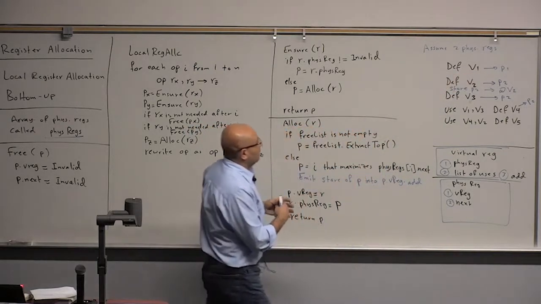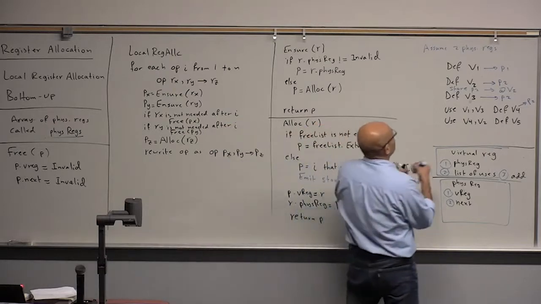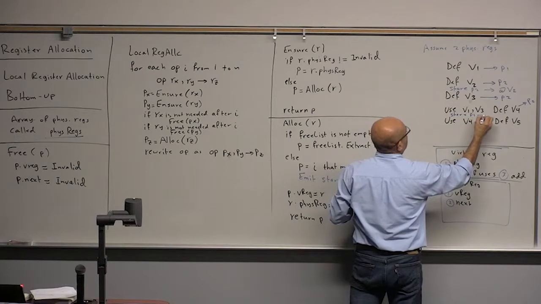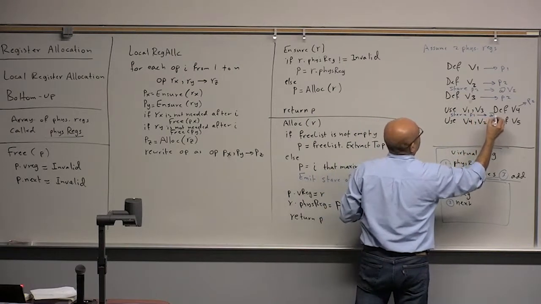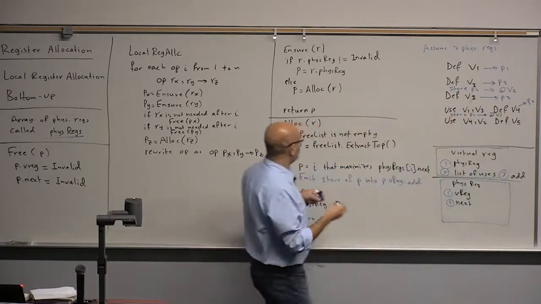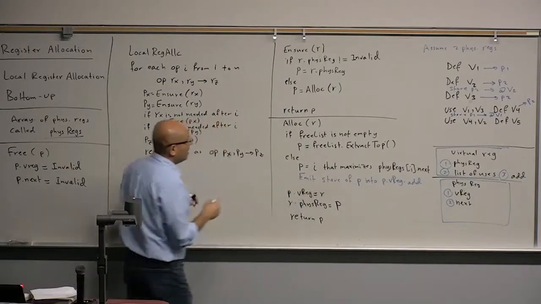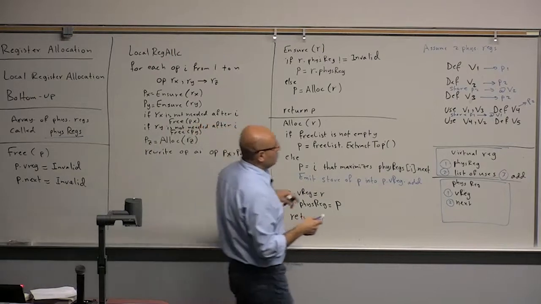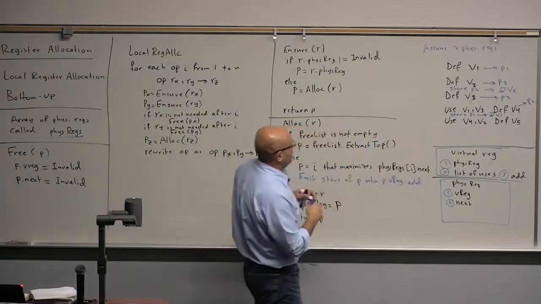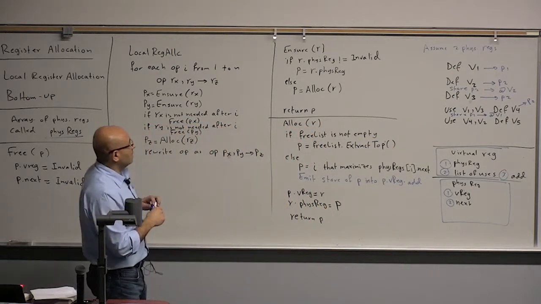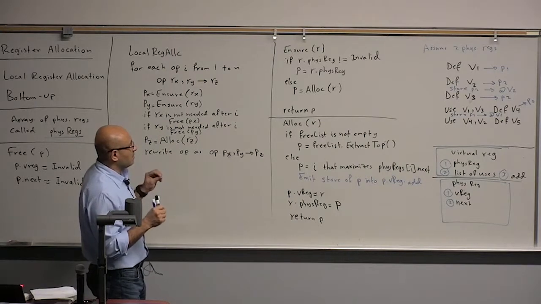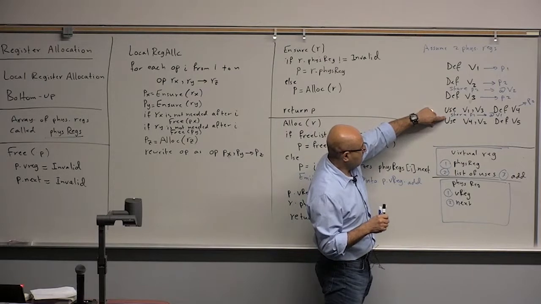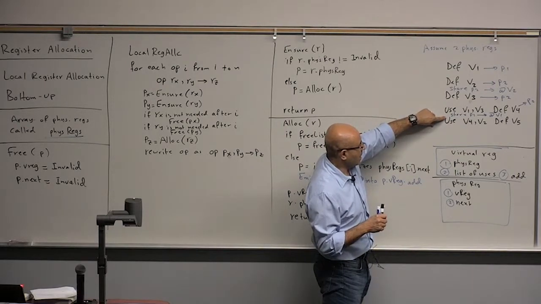So we will spill V1, or store P1 into the address of V1, and the store will come from here. But then, because we're allocating this physical register to this virtual register, what do we need to add here? You gotta load it. Yeah, we need to load it.